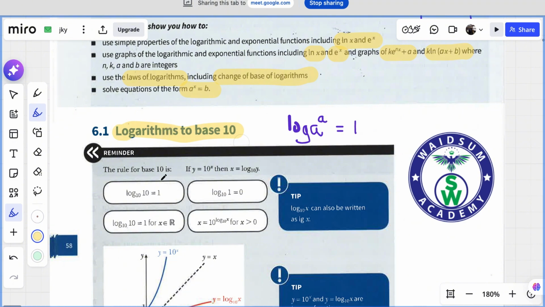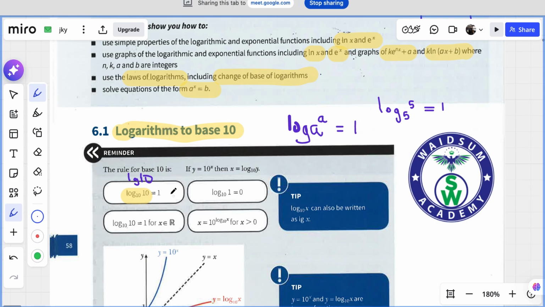Here are some key rules. Just the way a to the power 1 is equal to a, log base 5 of 5 is equal to 1. Whether I write LOG or LG for log, they are equal to 1. The rule for base 10 is that log 10 is equal to 1. Now what of log base 10 of 1? Log base 10 of 1 is equal to 0.